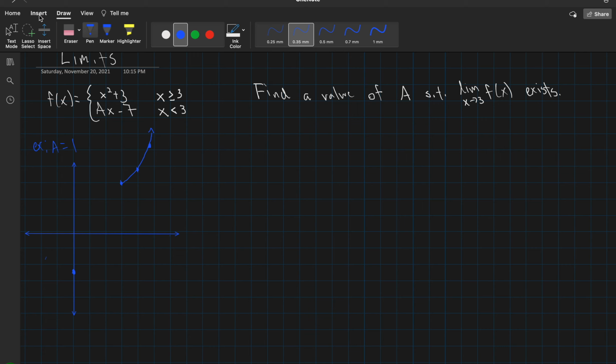Let's see what the value would be at 3 if this was defined at 3. So 3 minus 7 is negative 4. So we would be somewhere like right here, except we know that it's not a function if we have two values for the same x value, and since 3 is defined in our first interval, we've got to be careful and make sure we represent this with an open circle to indicate that our value is actually up here and not down here.